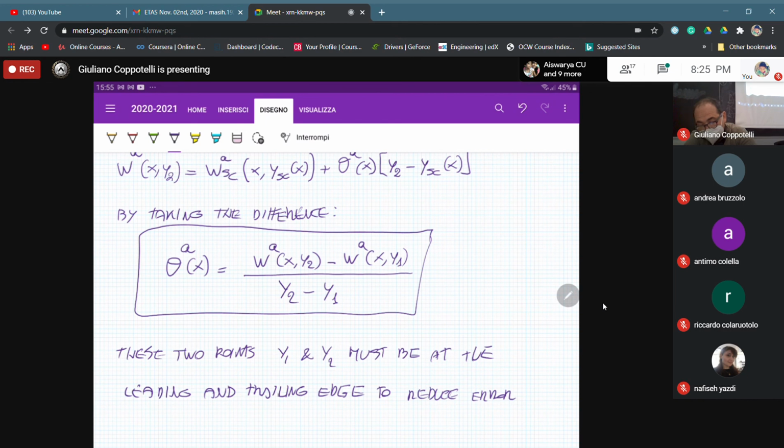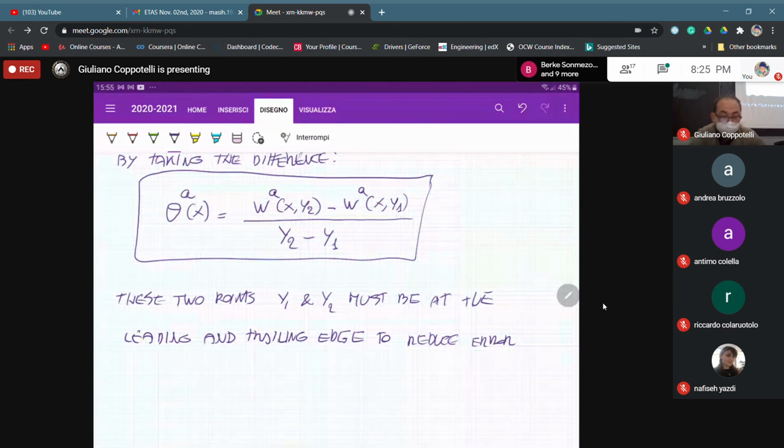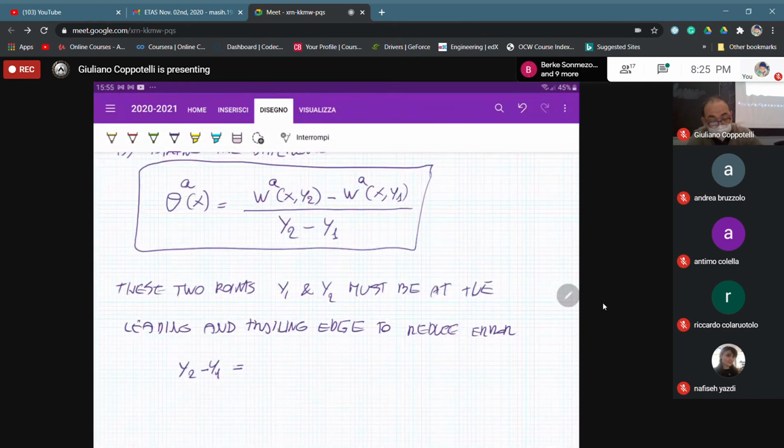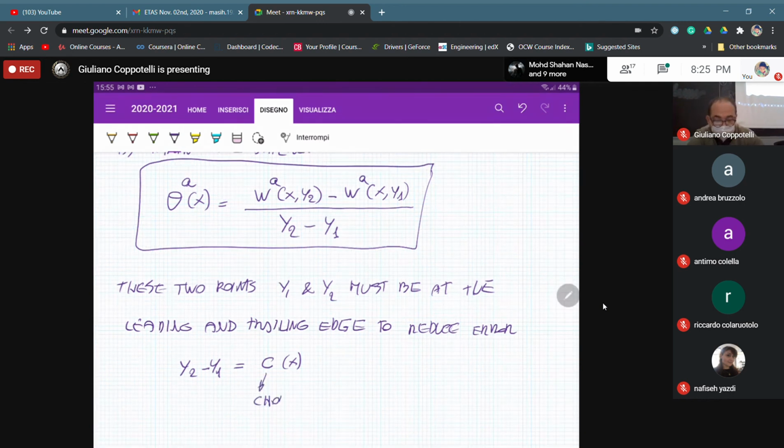And so, for example, it could be that y2 negative y1 is equal to the chord at the distance along the wingspan x. Okay. And this is the chord body.